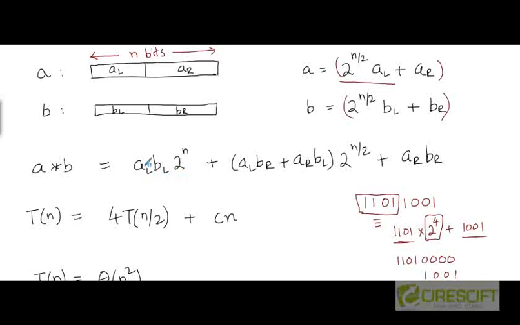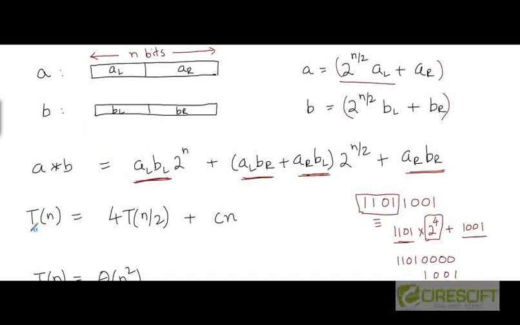Now let's assume here that we would compute these 4 products by handing them over. So these 4 are the subproblems where we are multiplying two numbers of size n by 2, and we're going to hand over these subproblems to our friend who knows how to solve them. Or in other words, we'll be making recursive calls to subproblems of smaller size, of half the size as the original problem.